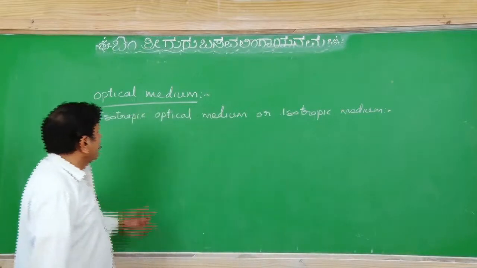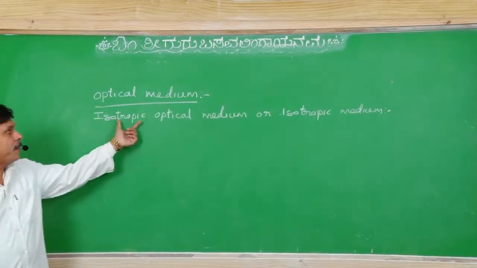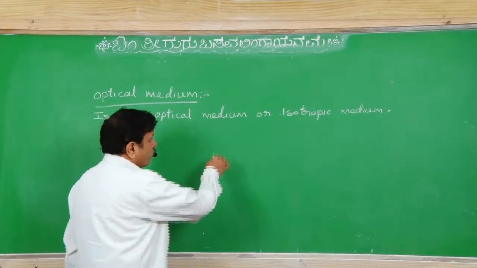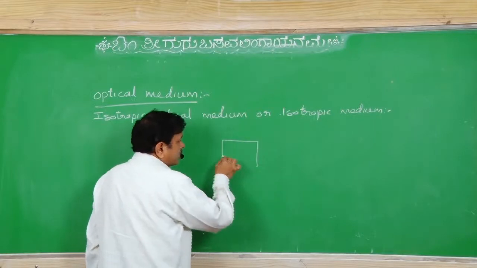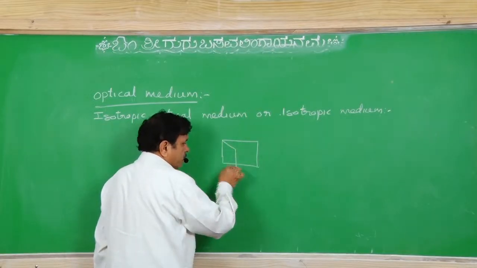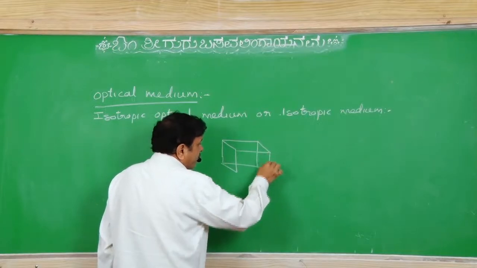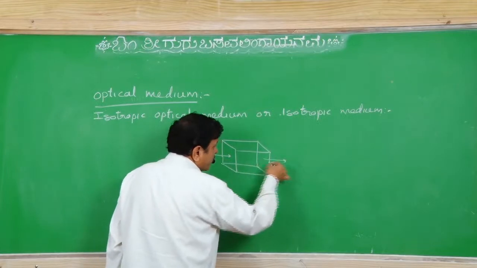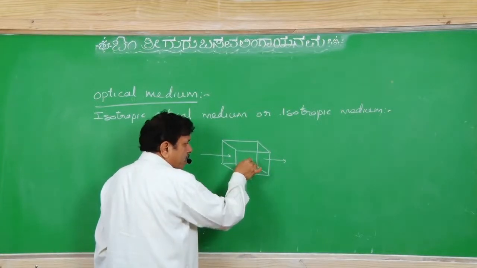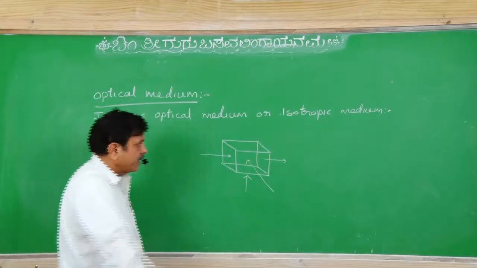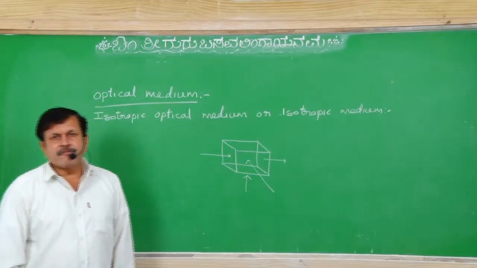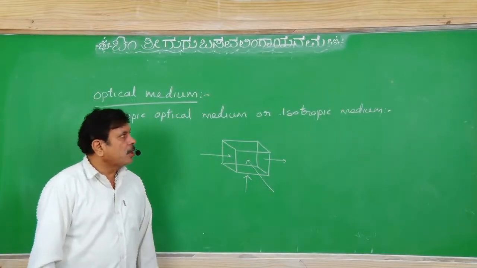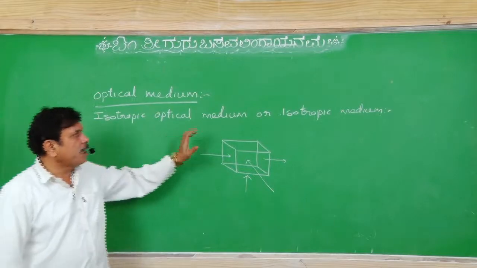As the name itself indicates, iso means same, tropic means direction. If we have some substance, and we allow a ray of light to pass in one direction, in another direction, in some other direction, and in any direction we find the speed of light remains the same, that type of medium is called isotropic optical medium.